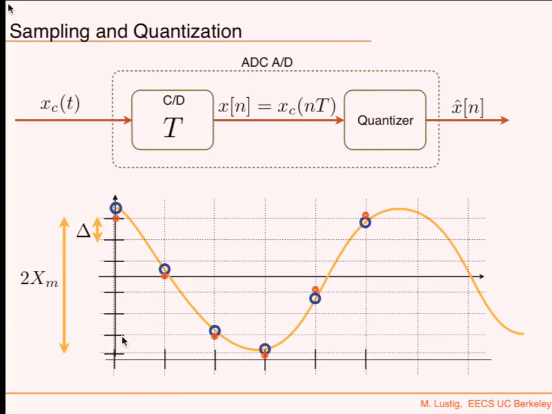The dynamic range of it, I'm going to define as 2 times x_m. Basically, if this goes to plus or minus some value, it goes from minus x_m to plus x_m in terms of voltage, for example, or current, or air pressure, or whatever. That's the dynamic range of my signal.